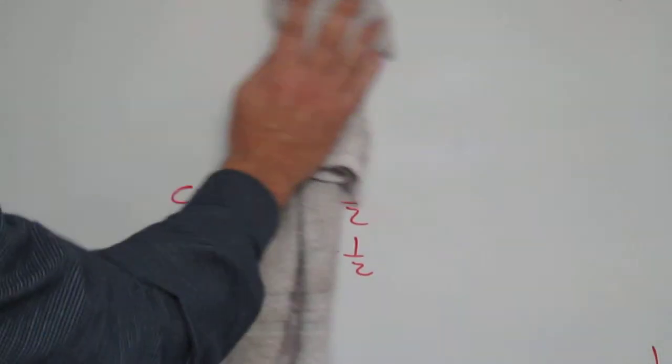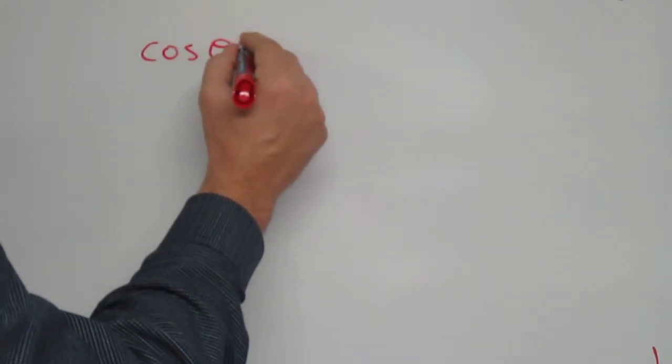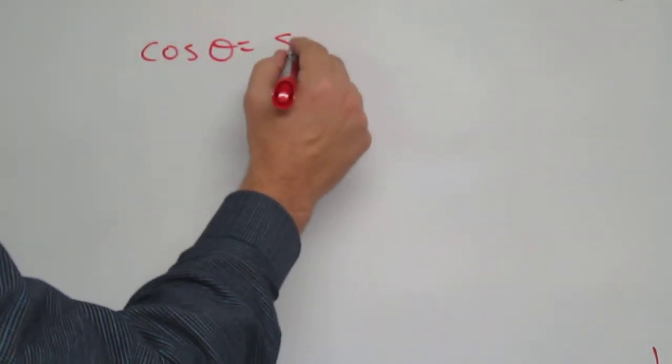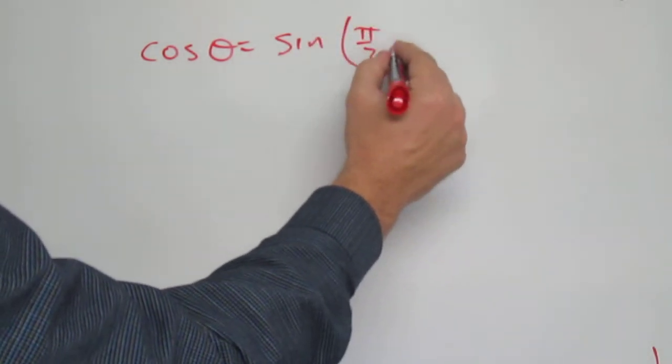The last identity in this section is dealing with cofunction identities. You may have noticed when we did all the pictures again that they just look very similar to each other. Sine and cosine are just a shift. That's what we mean by the cofunctions. So the cosine of theta is exactly the same as the sine of pi over 2 minus theta.